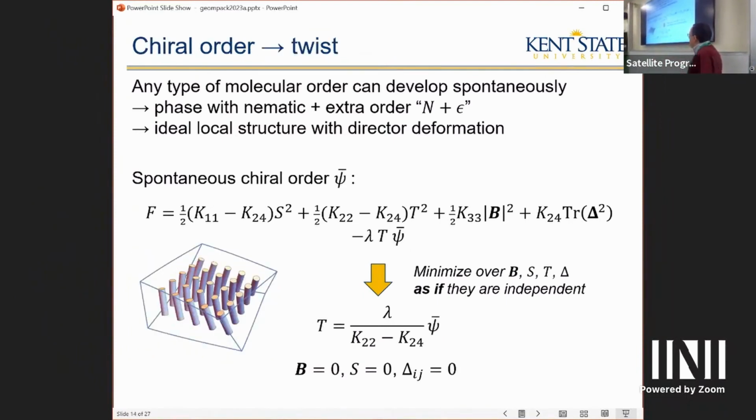That could happen with twist, too. And this is something that organic chemists do all the time: make molecules that are spontaneously chiral, different from their mirror images, and that have some population imbalance. In that case, there's a favorable twist.